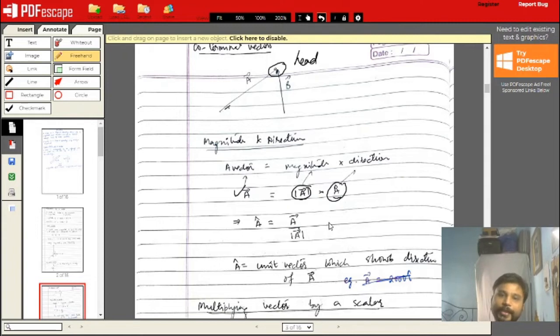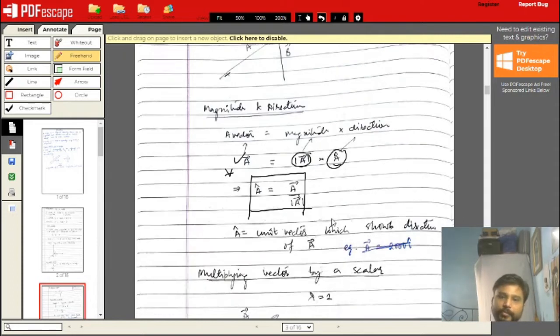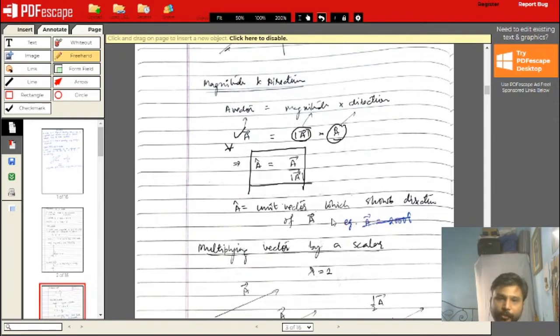That means it can be multiplied and divided. So we bring this scalar value, that is the magnitude, and we divide the vector with it. A vector upon its magnitude becomes the direction of the vector, as shown in this equation. So this equation is important. Like we already knew, A cap is a unit vector which shows the direction of a vector.